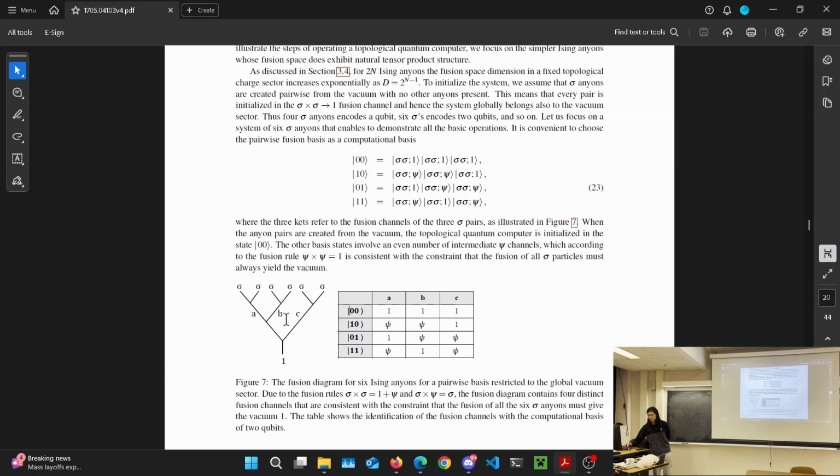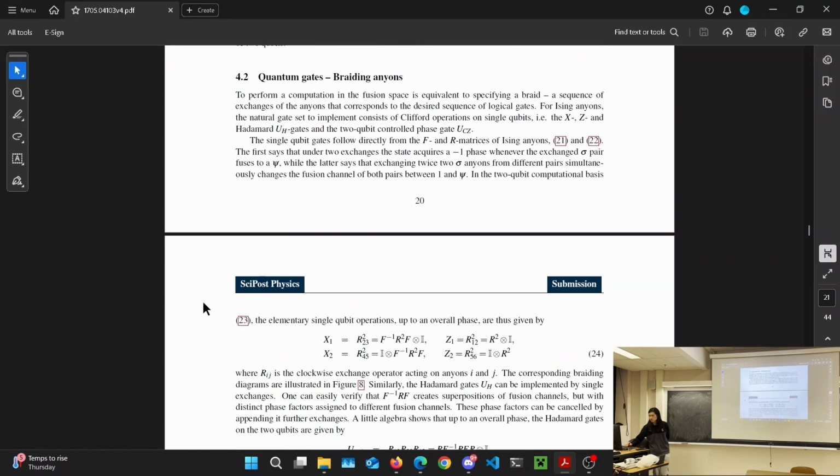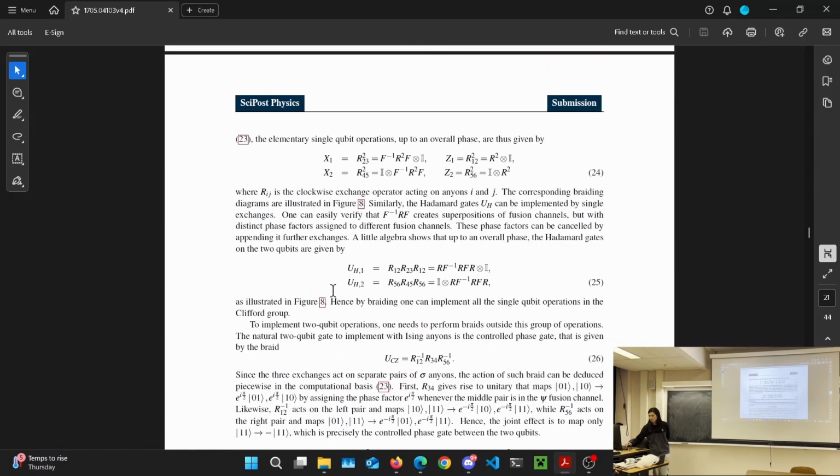And how they fuse is how you encode the quantum information. And you can also represent quantum gates using the R and F matrices.